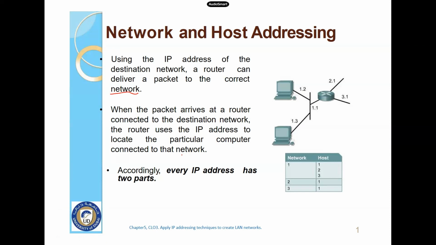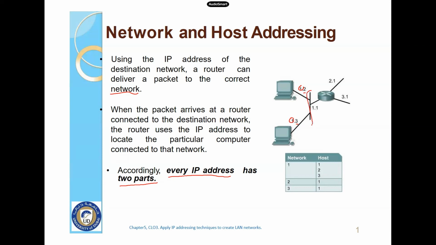Again, go back to the example of a big building that has many apartments in it. As we mentioned, every IP address has two parts, the network portion and the host portion. Here, this is network 1 and this is host 2, and this is network 1 and that's host 3.